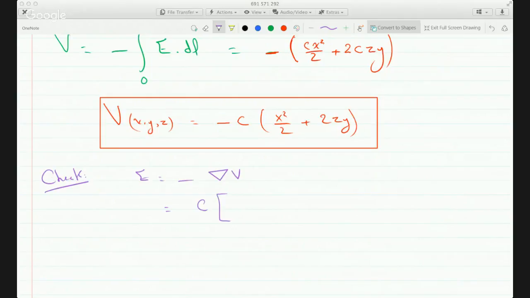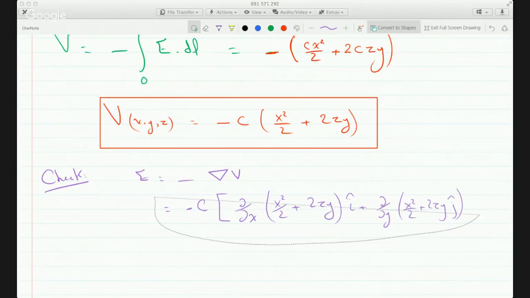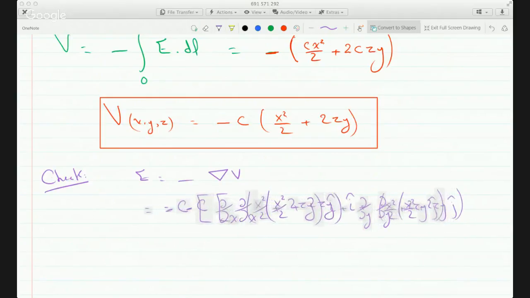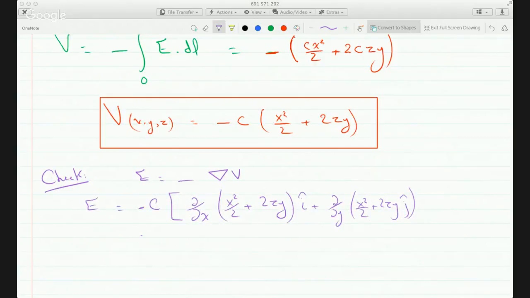C times, let's keep the minus sign outside, d over dx of x squared over 2 plus 2zy in the i, plus d over dy of x squared over 2 plus 2zy in the j, plus d over dz of x squared over 2 plus 2zy in the k.